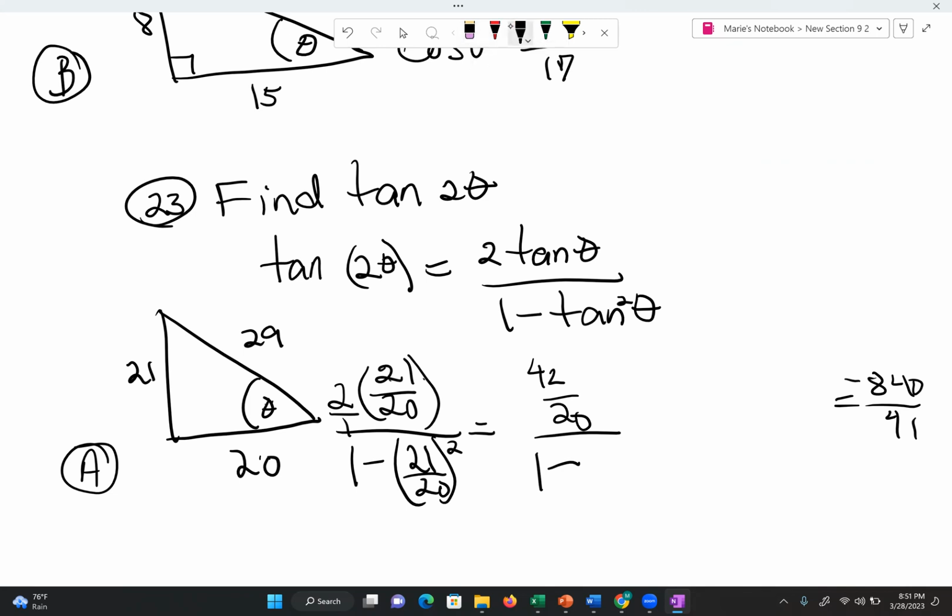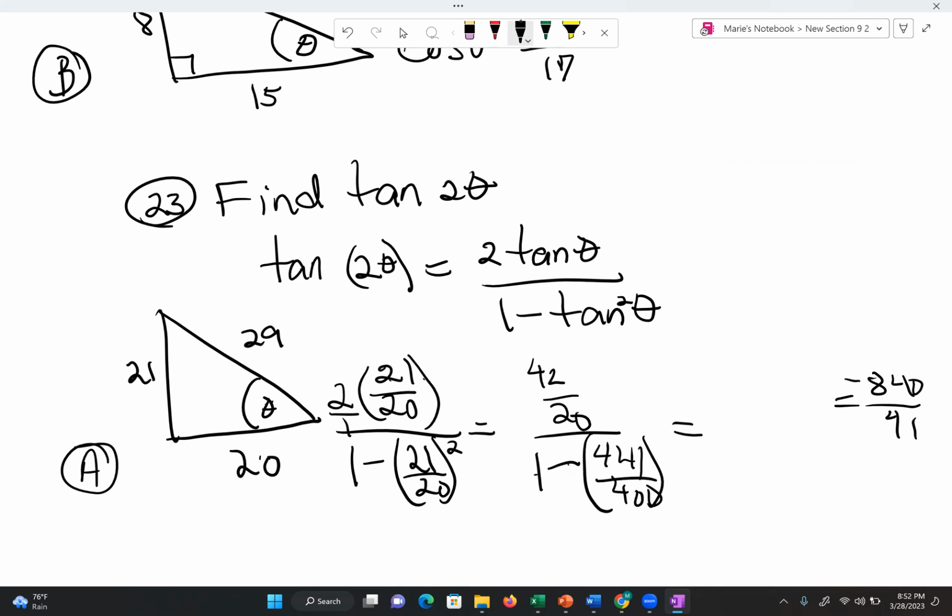Let me go back here. I'm still getting 1.1025. So I don't know what to do with that. If you want to suck it up and just do 21 times 21, you're going to get 441. So let's go with 441 over 400, and that's the square of it.